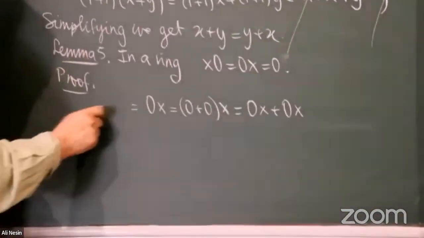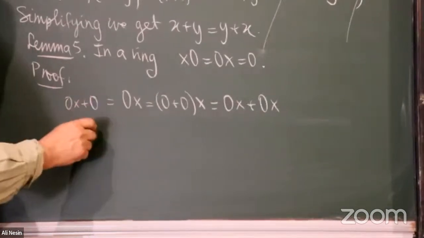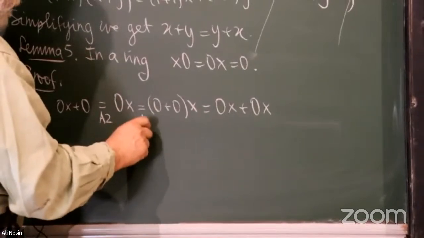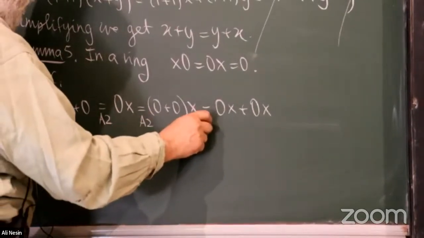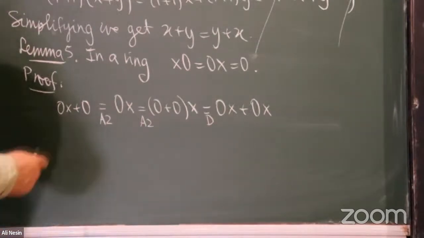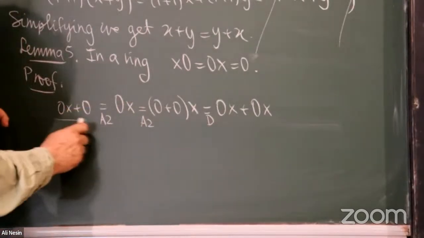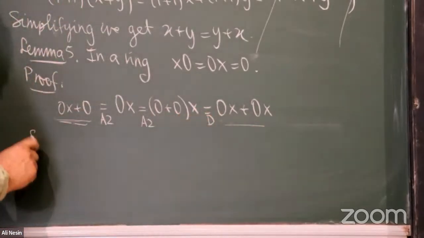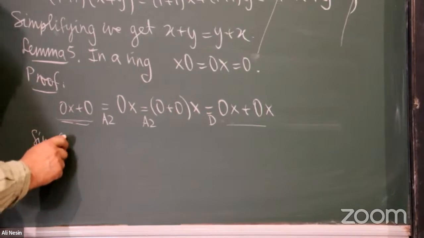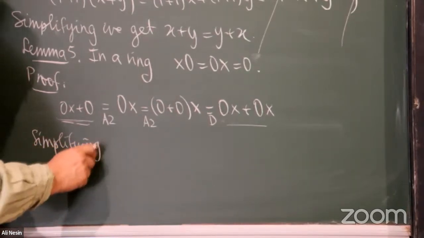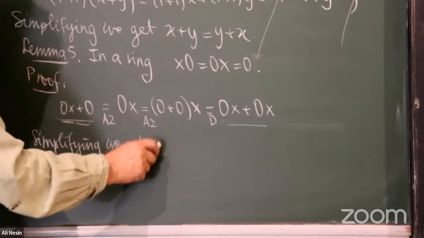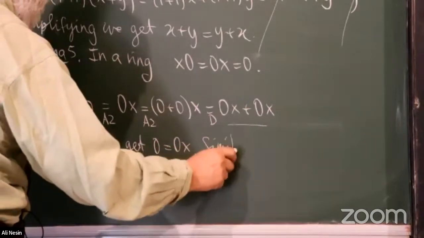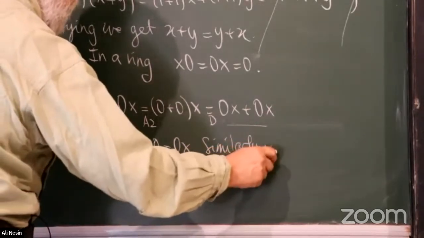And this is equal to 0 times x plus 0, by A2. Now in a group, you can simplify. This equal to this, simplify 0 times x. We get 0 equal to 0 times x. And similarly, x times 0 is equal to 0.